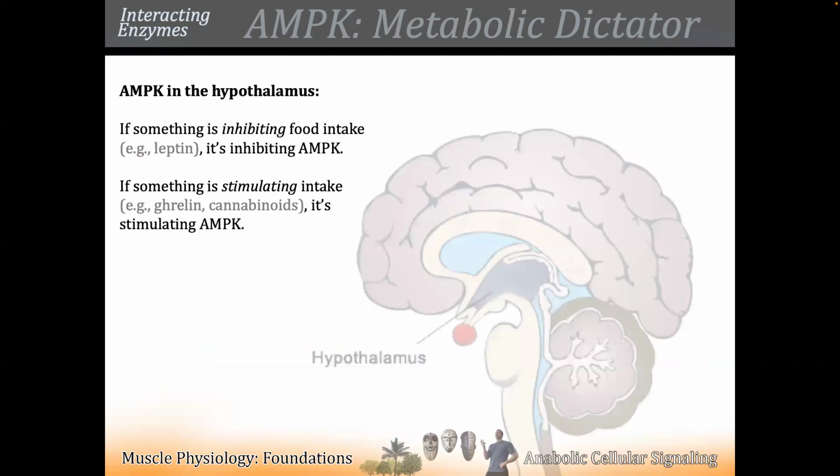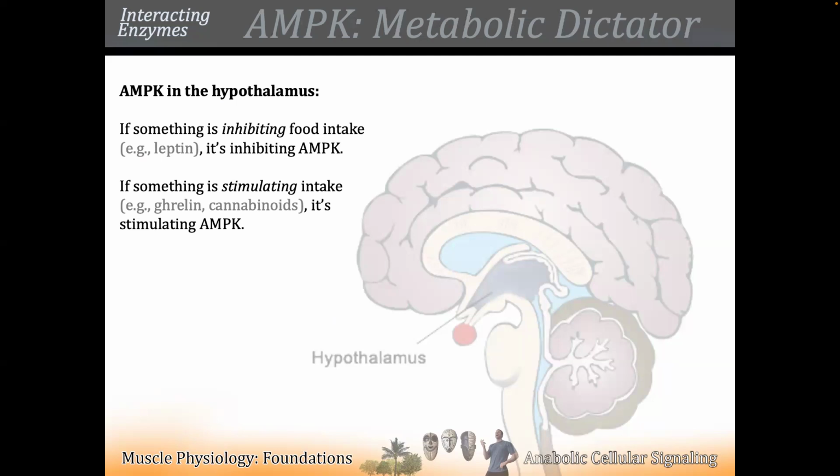But AMPK doesn't just have roles in the periphery. While it's promoting the burning of energy substrates in the periphery, it's encouraging the ingestion of energy substrates at the same time. So consumption in the periphery and consumption in your mouth. So remember the major regulatory center in the brain that we talked about, the one that controls appetite, the hypothalamus.